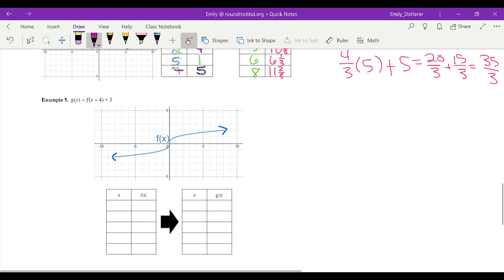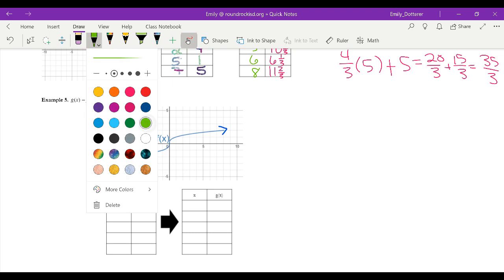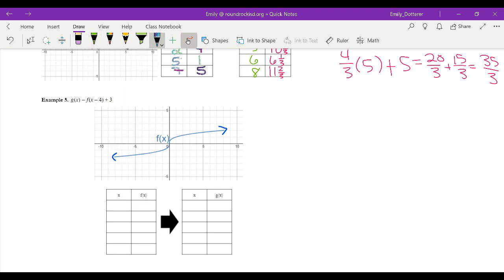Okay, last one. So we want to pick that point so we know when it gets a little squiggly. Otherwise, it doesn't matter. I would pick points that are whole numbers because that'll make it easier.